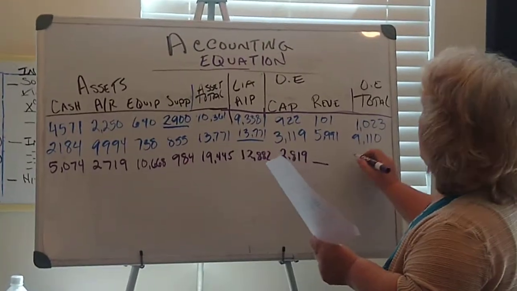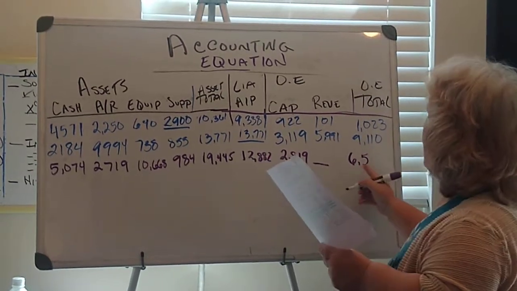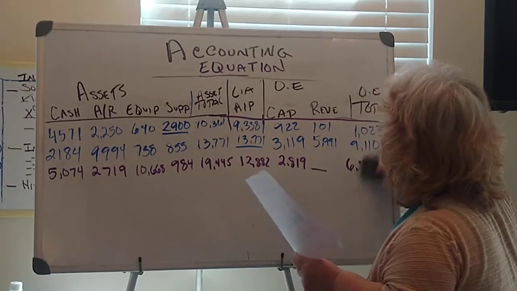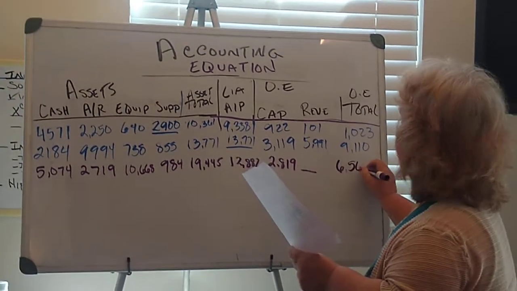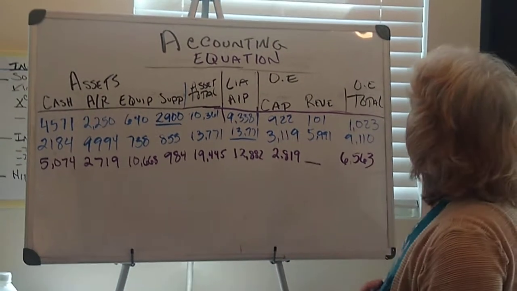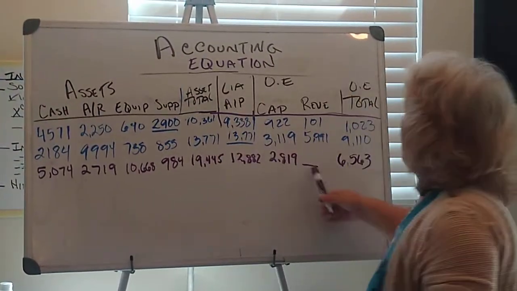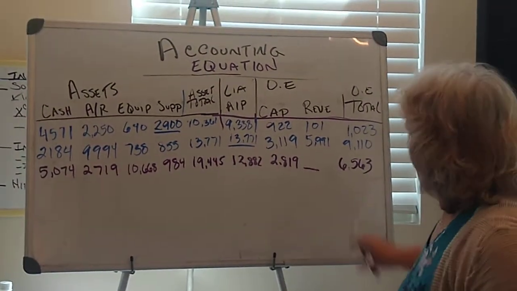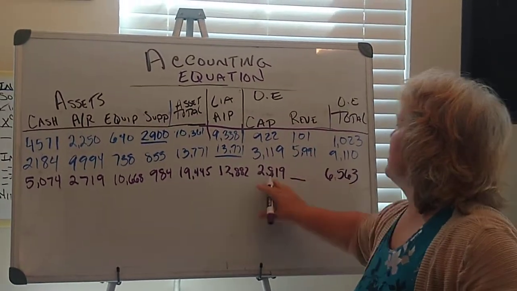We have 6,563. So this is pretty easy, right? Just like we did with assets, we need to figure out what's missing with the revenue. Okay. So we know the total owner's equity, this number is these totals.